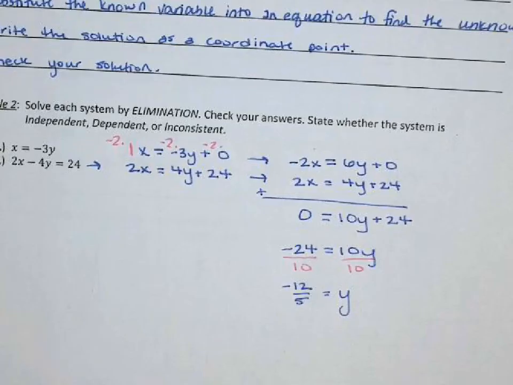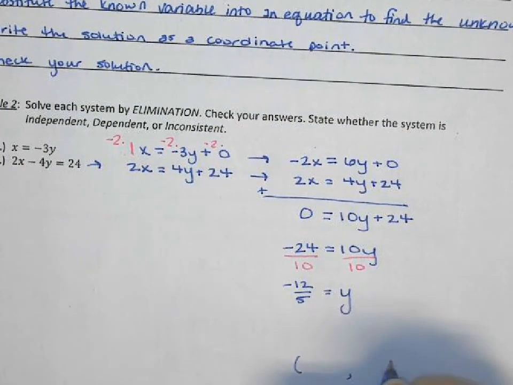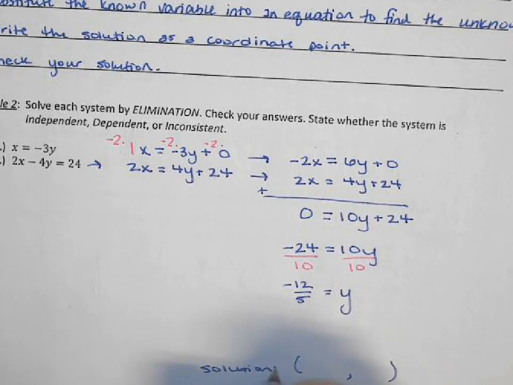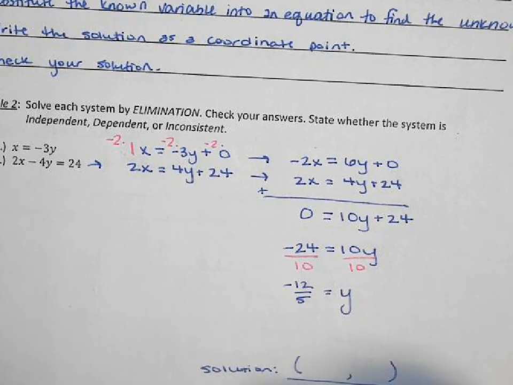Okay, so when I go to write my solution and my type, my y is negative 12 fifths.